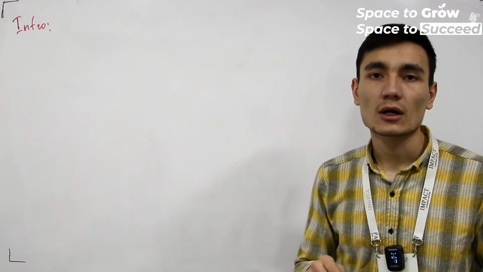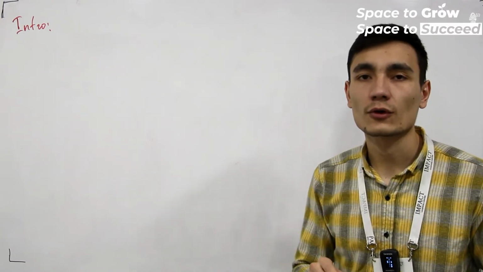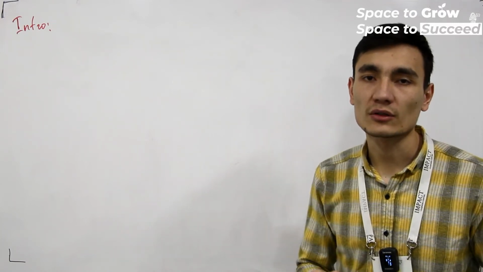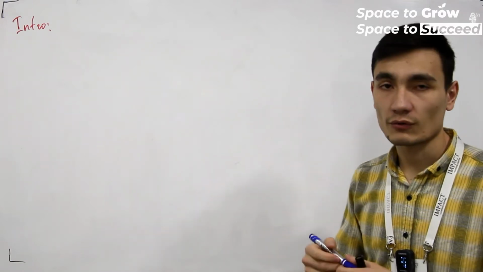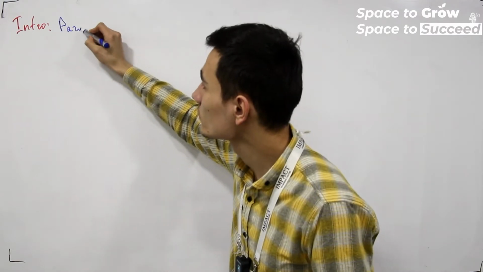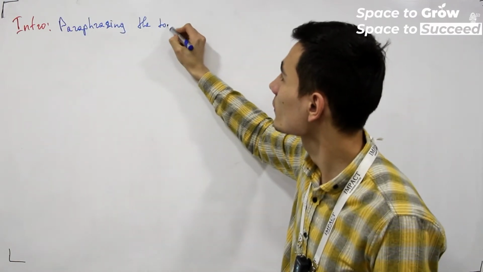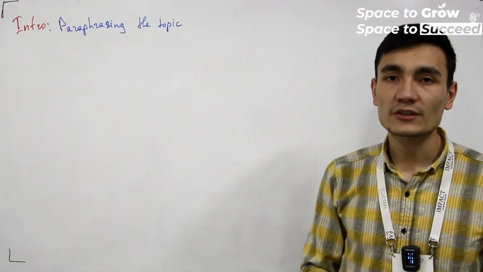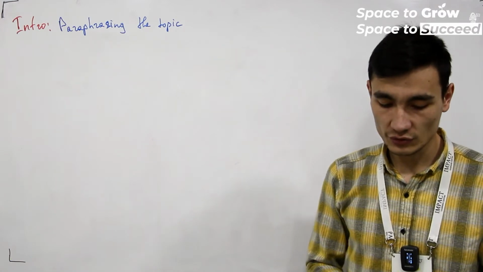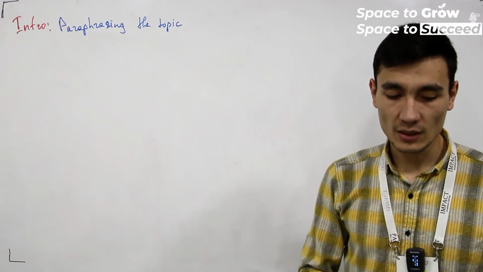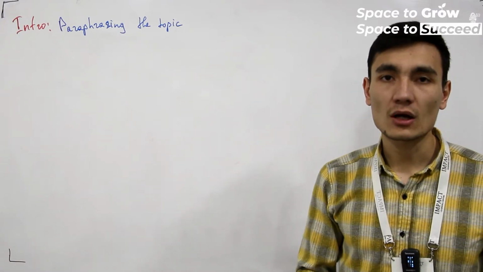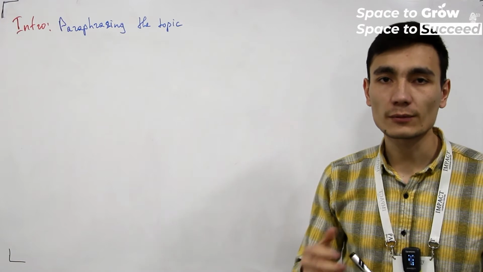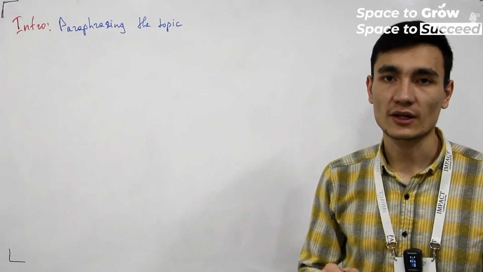So here, most students focus on changing the words only, but here you have to change the structure, grammar structure too, and we write paraphrasing the topic. And when we're paraphrasing the topic, what you will have to pay attention to is there can be some situations when we cannot use synonyms, because there will be words that don't have synonyms.